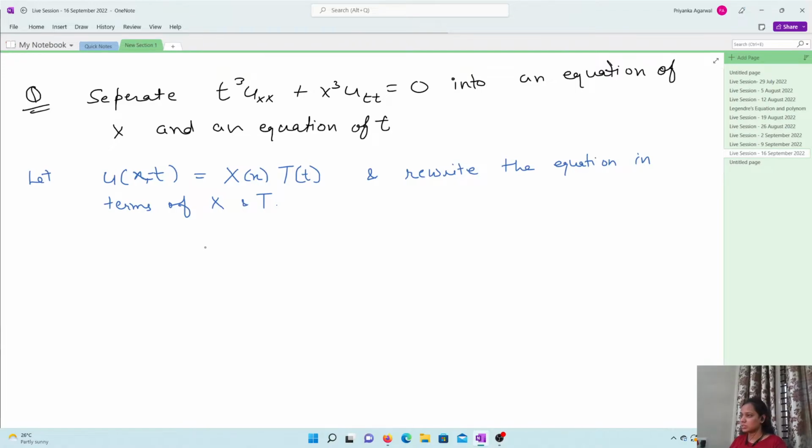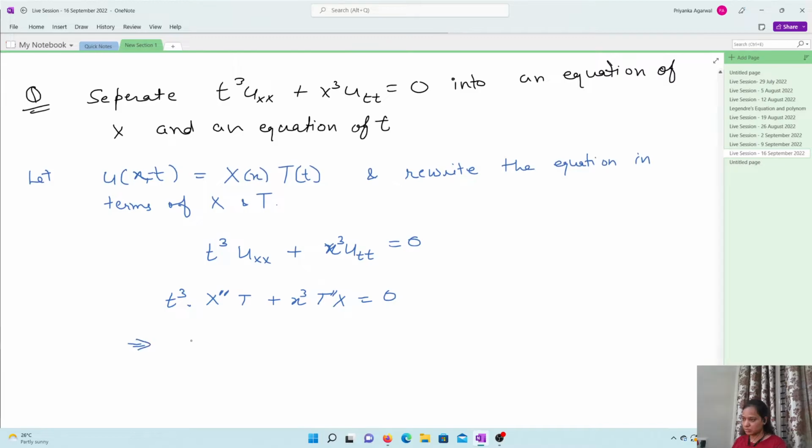Okay, so this equation would become, so given equation is t cube u_xx plus x cube u_tt equals to 0. So this becomes t cube into X double dash into T plus x cube into T double dash X equals to 0.